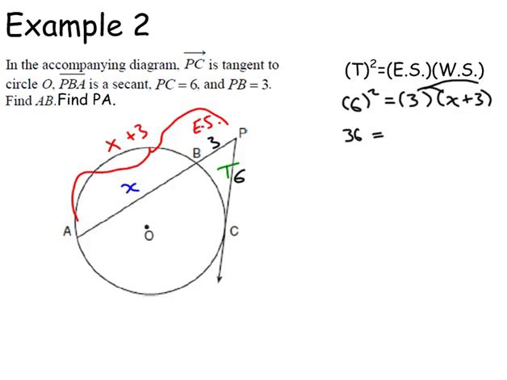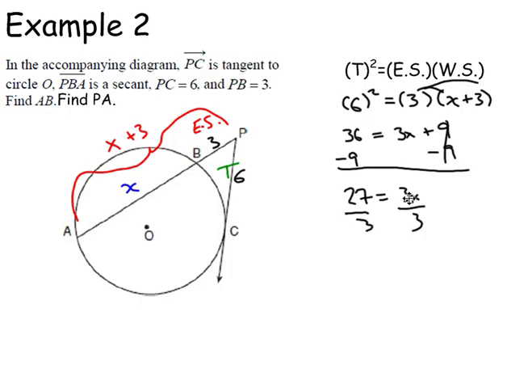We got to distribute the 3 here, so we get 3x plus 9. Subtract 9 from both sides. 36 take away 9 is 27 equals 3x. Divide both sides by 3. So we get 9 equals x. So if 9 equals x, that means AB is 9.